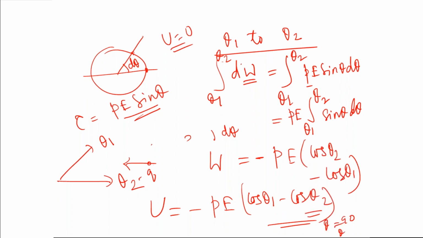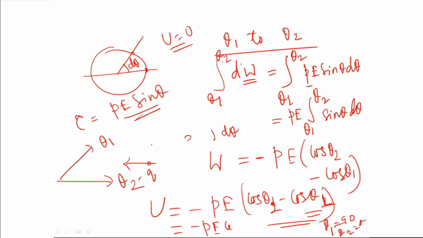So let us take theta 1 as 90 degree as the reference frame where the potential is 0, because cos 90 will be 0, and theta 2 as theta. So I can write PE equals minus PE cos theta. This is the expression for potential energy.